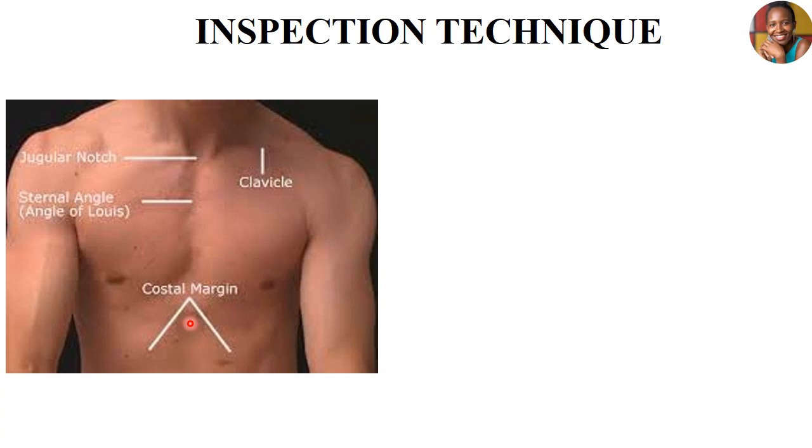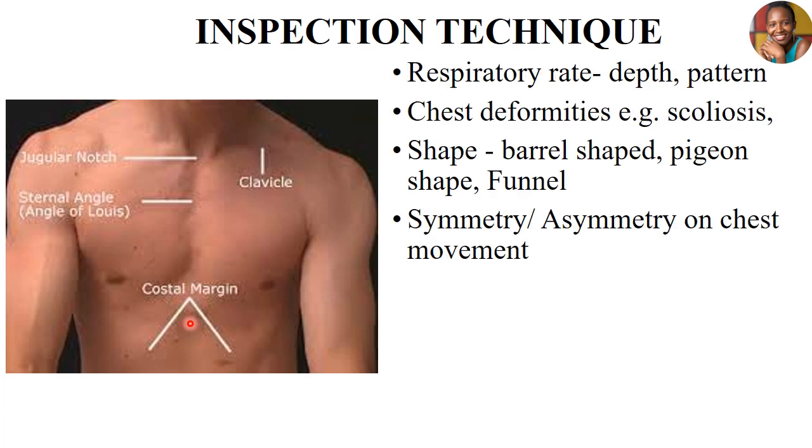So anyway, let's see what we focus on when we're inspecting, or rather when we're just looking at our respiratory area or our chest. Number one, as you're inspecting, check for the respiratory rate. Checking the respiratory rate means you need to know how to count, and you need to count for a complete cycle of 1 minute.